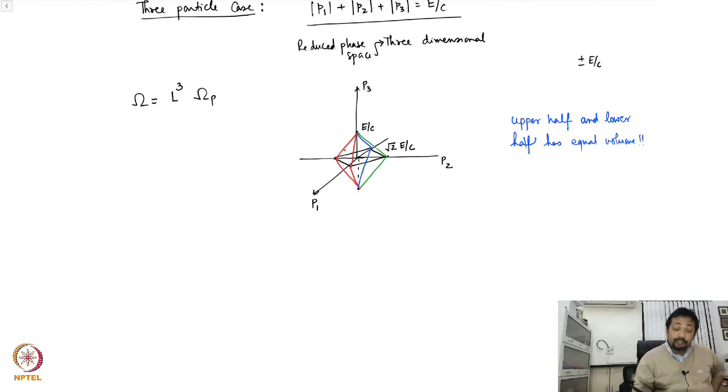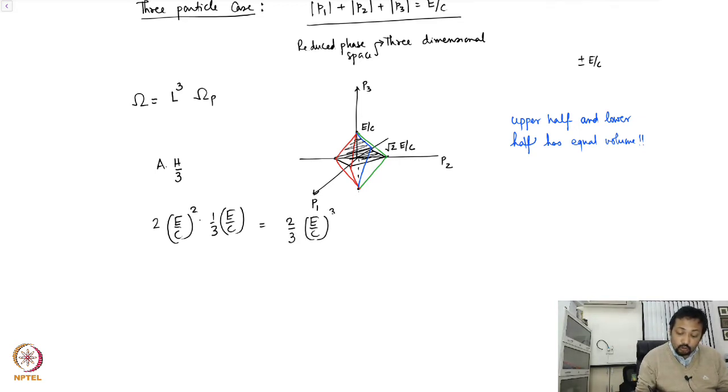Let's calculate the volume of the upper half. The volume of this pyramid in the upper half is given by the area of the base times h divided by 3. The area we calculated for this base was 2 (E by c) whole squared, times 1/3 E by c, so that this part becomes 2 by 3 times (E by c) whole cubed.